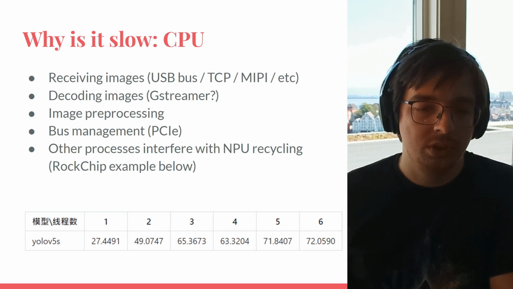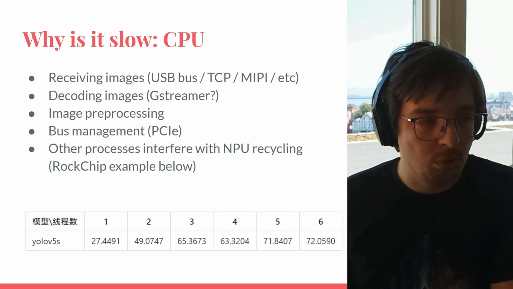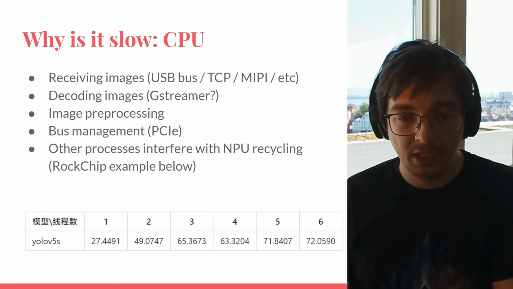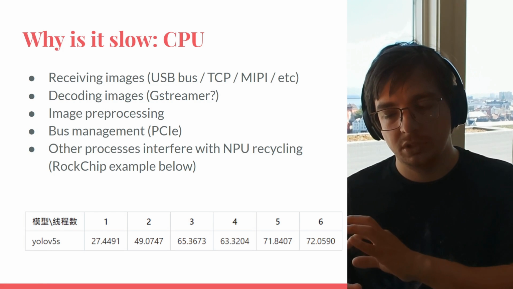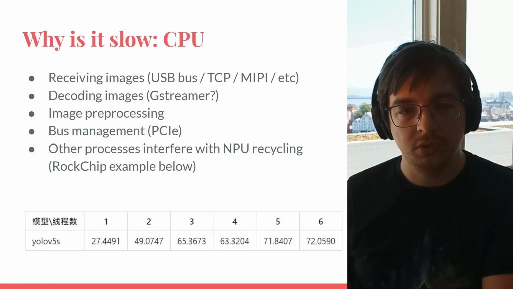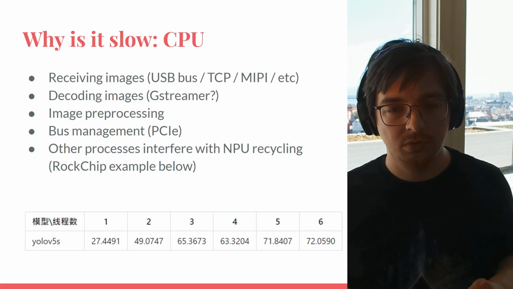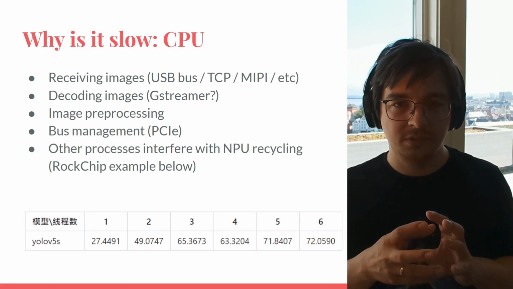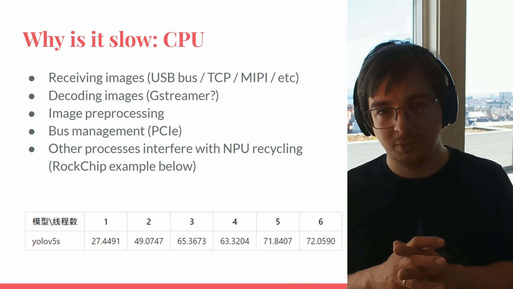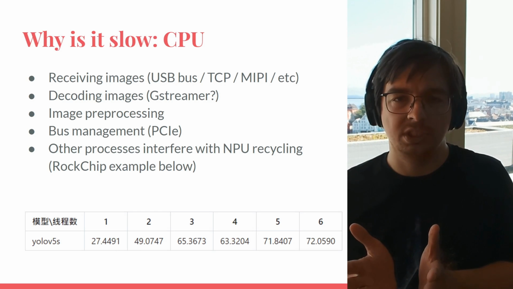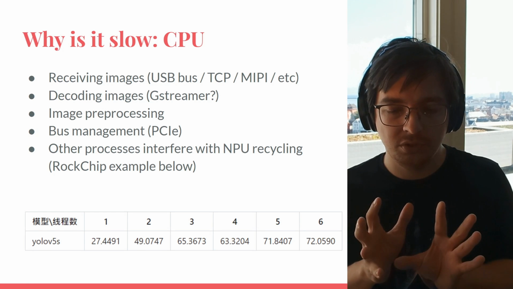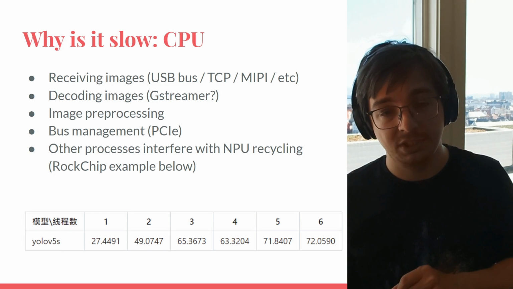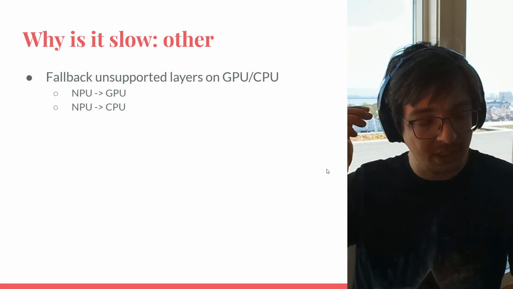And of course, for some models, the CPU will be utilized to run fallback layers, when a layer isn't supported by your NPU and you need to fall back to your CPU. Because of this, the CPU is a crucial point in almost all of your platforms, probably except Jetson platforms. And you need to verify how much computational power you will use for your specific case.